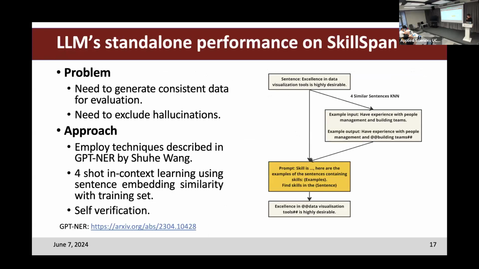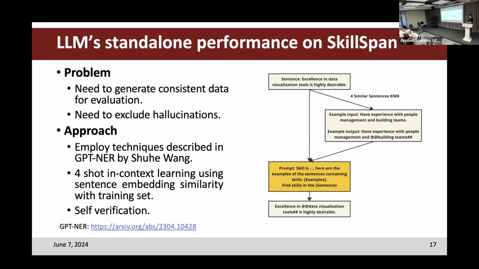So how did we evaluate the LLM standalone performance on this data set? Well, we searched for the best methods of leveraging GPT for named entity recognition, and we found a paper called GPT-NER. It proposes in-context learning using examples from the training dataset while extracting data from the test sentence.